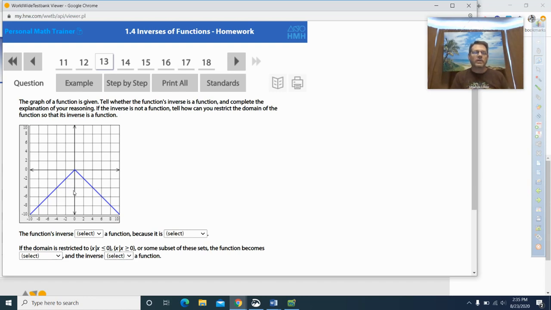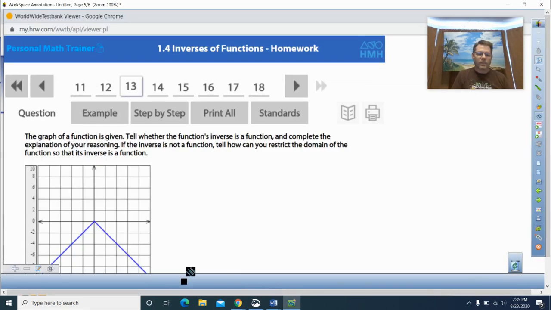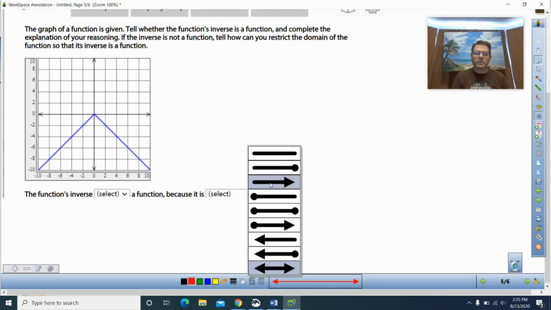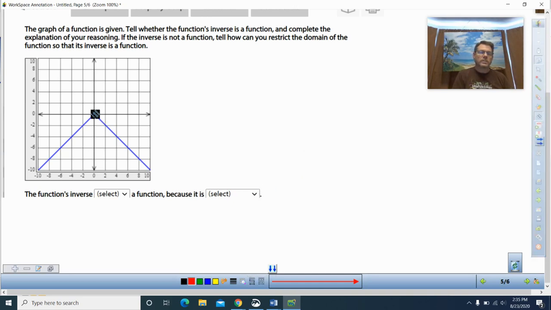And so when we find the inverse, I showed you a little shortcut. If we were to flip this over, the inverse of this guy is going to end up being... if you flip this across the y equals x line, what are you going to get?